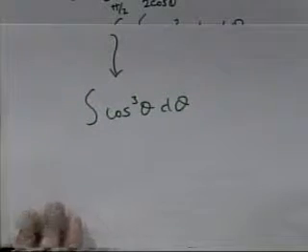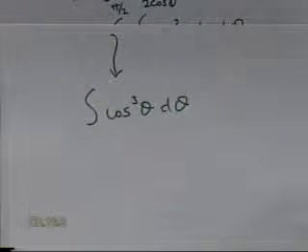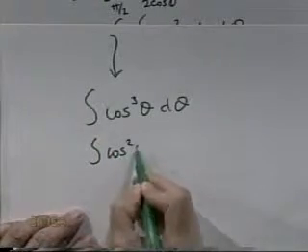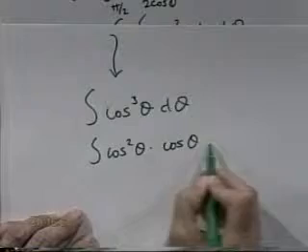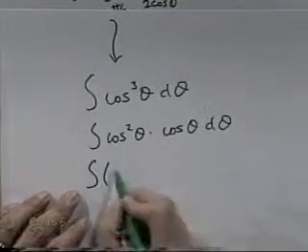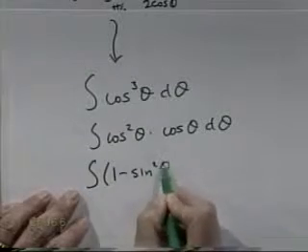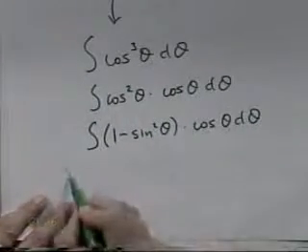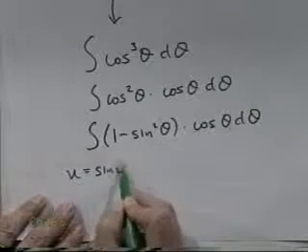How do I integrate a cosine cubed theta d theta? How do you do that? Because a lot of this is bringing stuff back from calculus, too. You siphon off a cosine. If I siphon off a cosine, the cosine squared I replace with 1 minus sine squared. And then you're going to do a simple u substitution, u equal to sine theta.